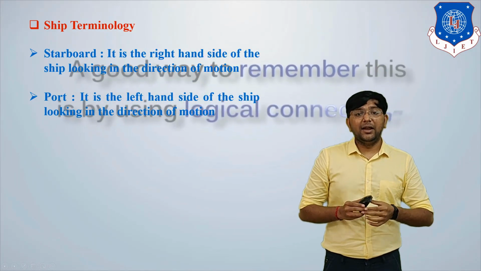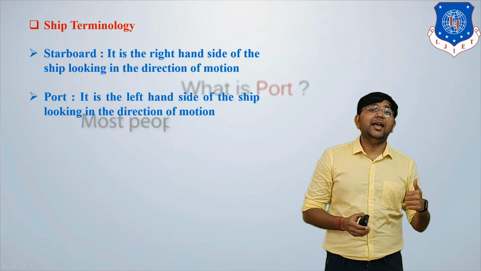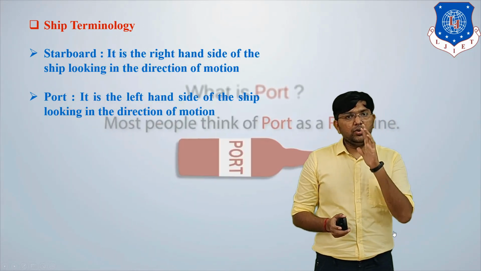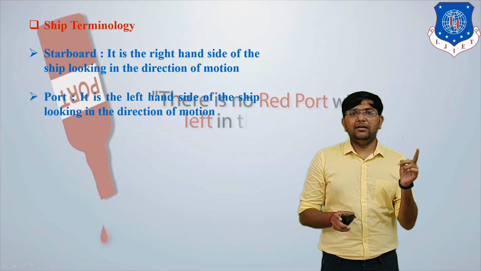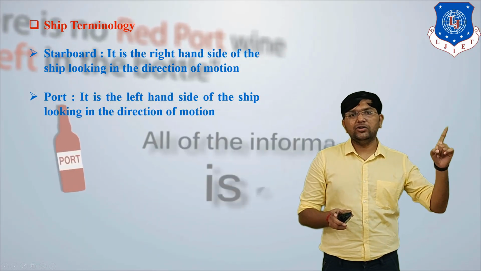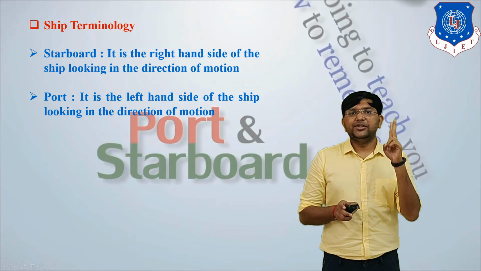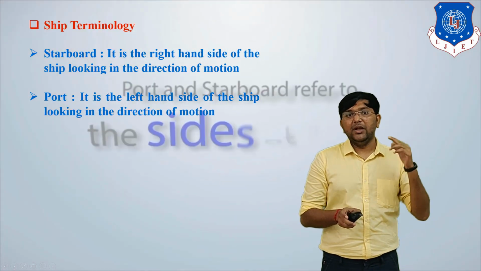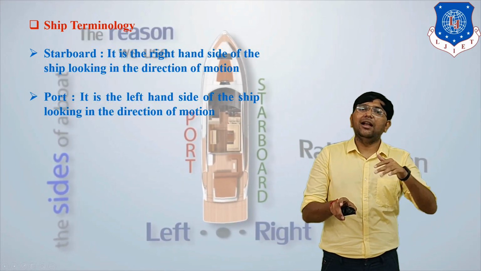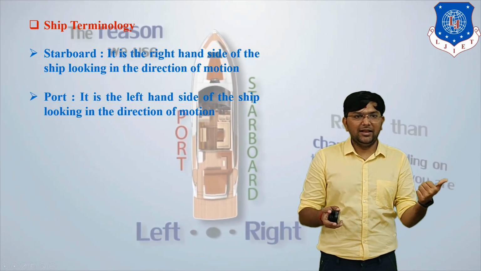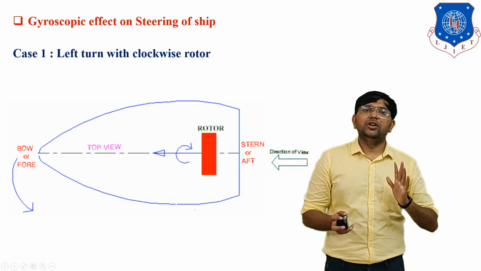It is the left hand side of the ship looking in the direction of motion. So you have to remember these four words: bow end, stern end, starboard side and port side. Bow indicates the front side, stern the rear side, starboard the right hand side portion, and port the left hand side portion of the ship.